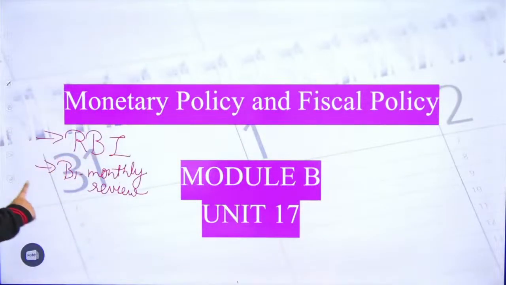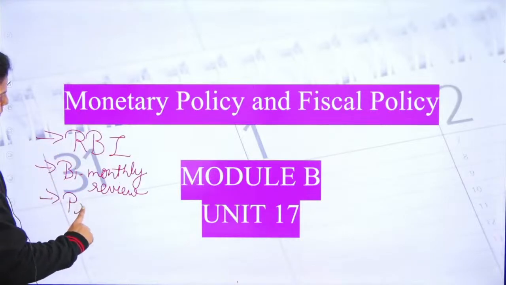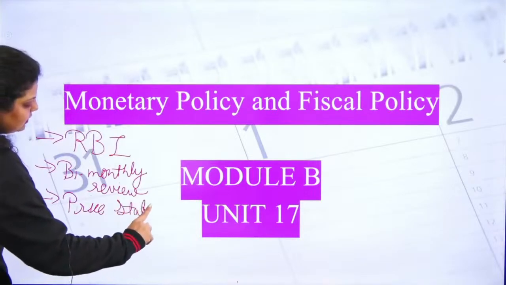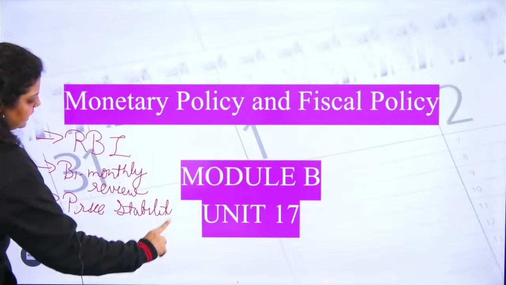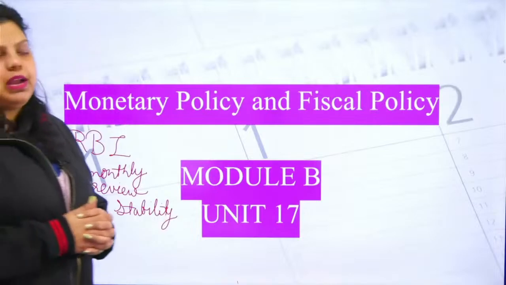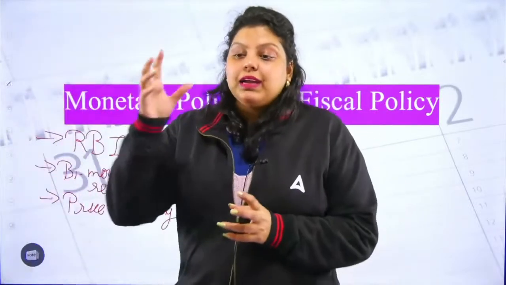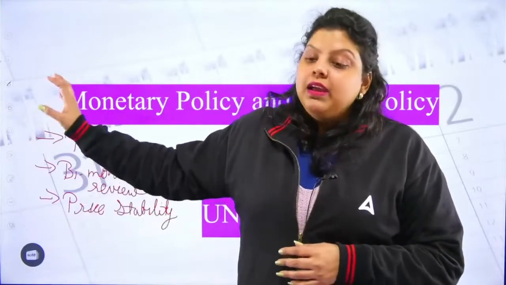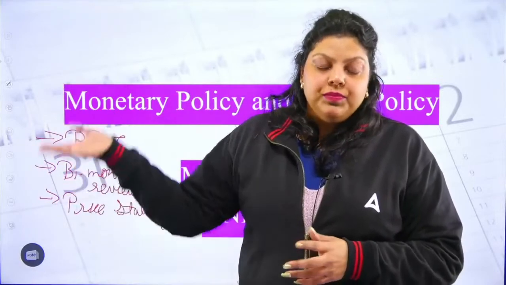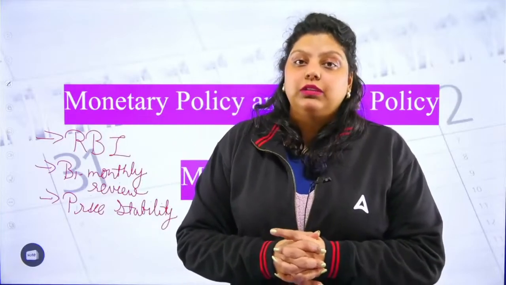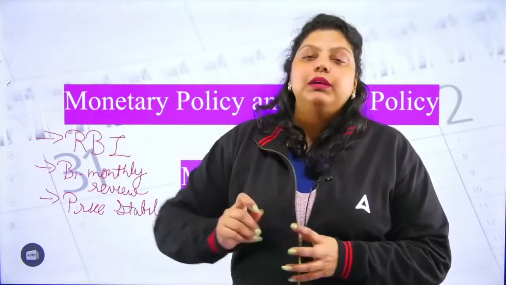The main objective of monetary policy is to make sure there is price stability in the economy. By controlling the money supply in the market, RBI tries to control prices in the economy. The other objective is that, while maintaining price stability, RBI has to make sure there is no compromise with the sustainable economic growth of the country.